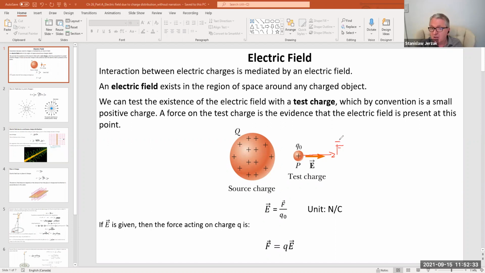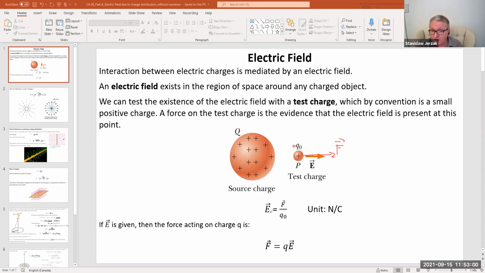And if we divide that force F by Q0, that's the definition of electric field, which means that, as you will see, that electric field is really independent of Q0, because the electric field is just the force acting per unit charge, but that Q0 by definition is positive charge.